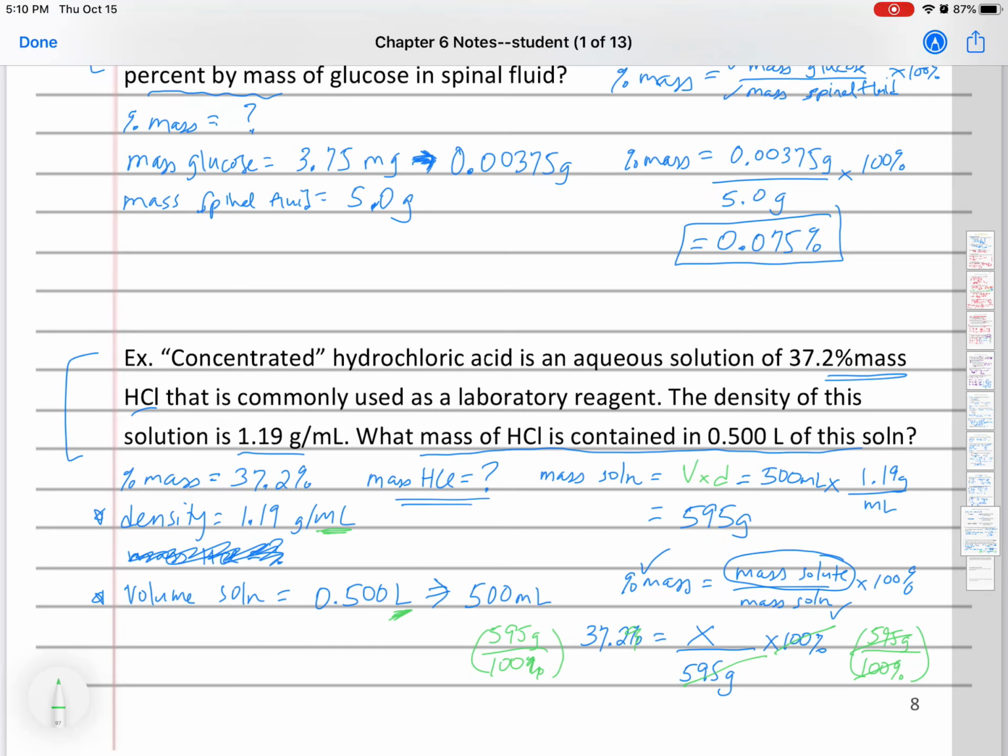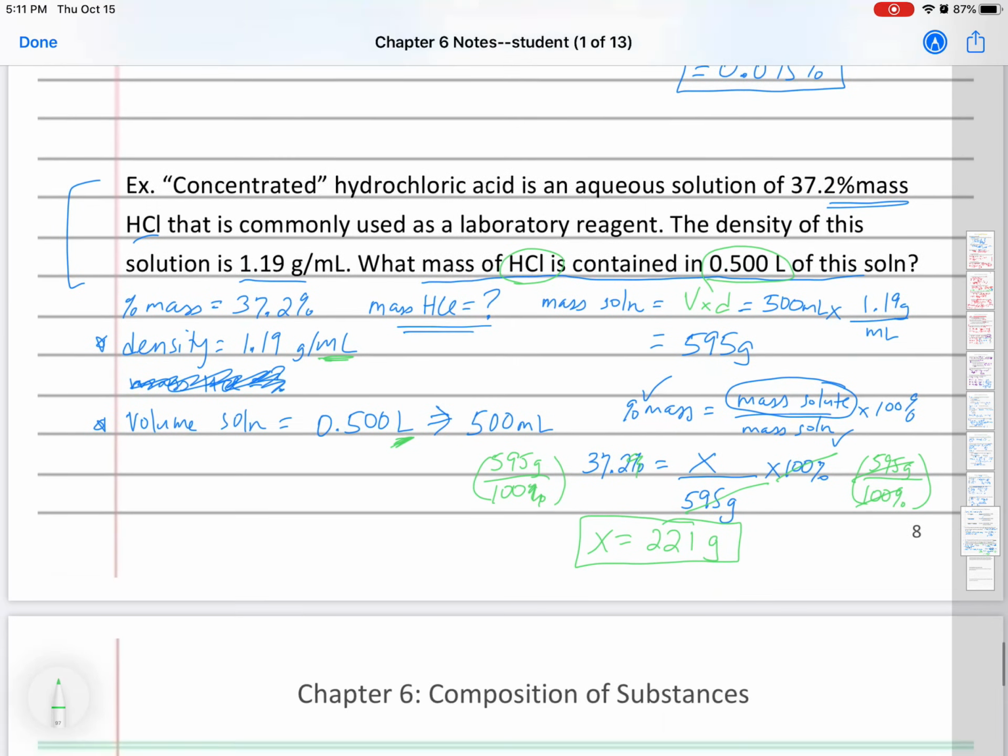So 595 times 37.2 divided by 100 equals 221.34, but I want my answer in 3 sig figs, so 221 is where I will end it. So 221 grams. In other words, there are 221 grams of HCl in half a liter of this solution.